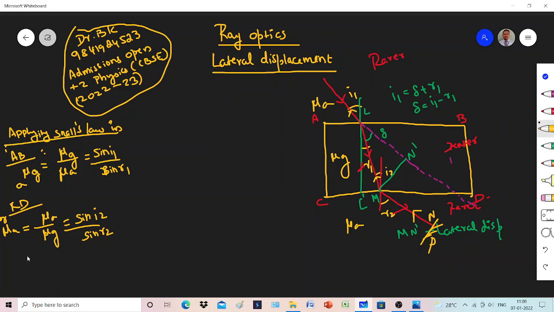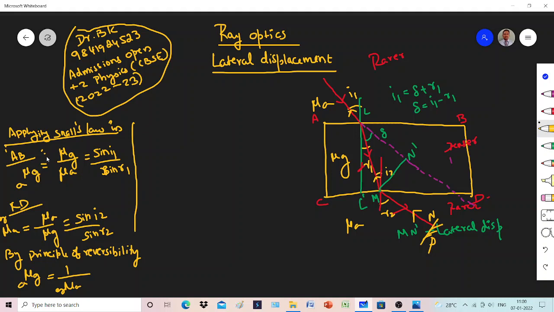So by the principle of reversibility, mu GA is 1 by mu AG. This is the principle of reversibility. So I substitute the formulas from here.